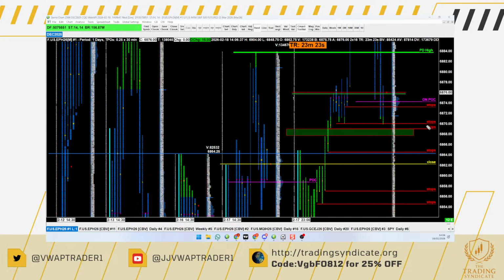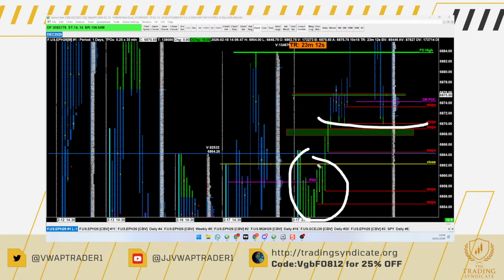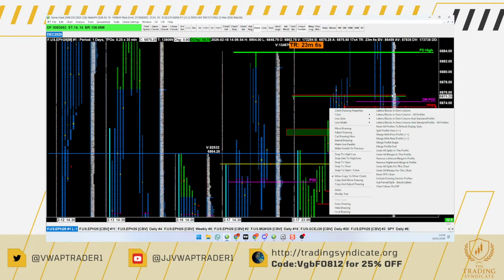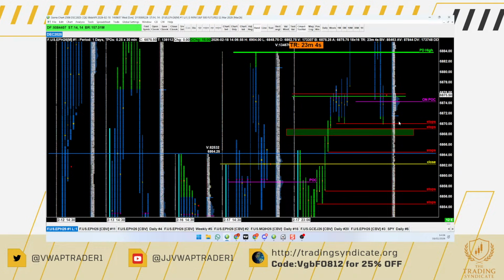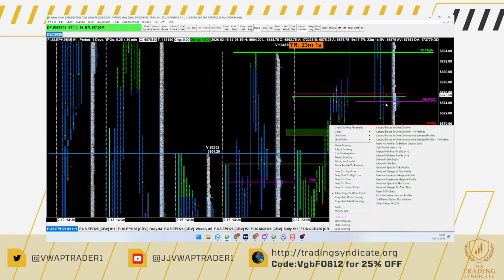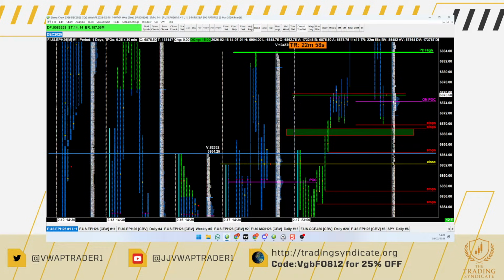There's some shorts that are trapped underneath 66.88. So that's why we're finding some bids here. There's the night position, and there's the position from yesterday. So we're still in distribution, folks. We're still distributing that inventory, right?